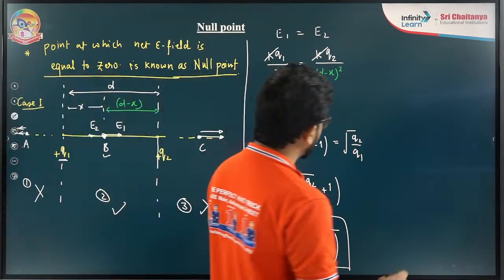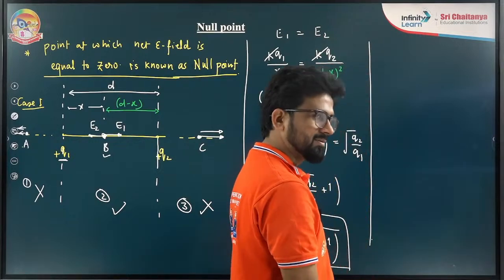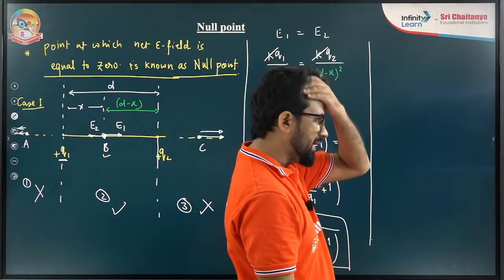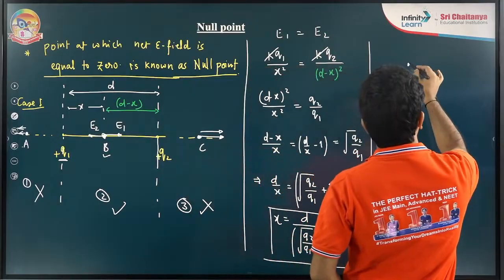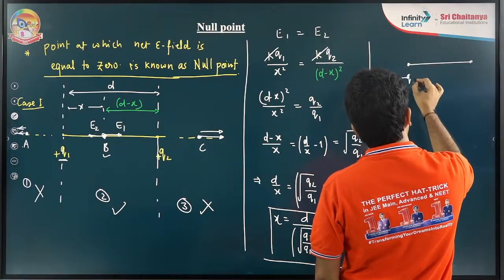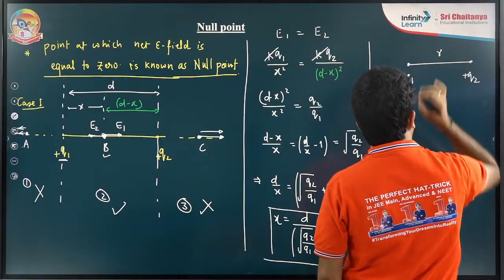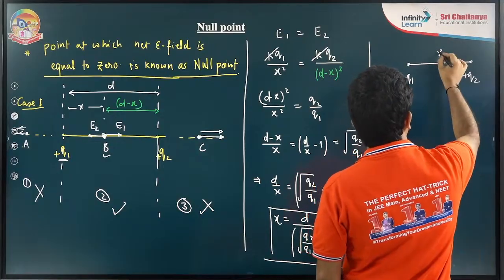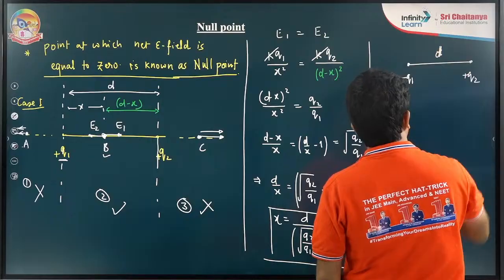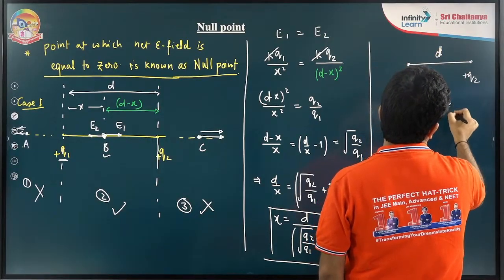I am giving you one question as homework. Try it. We will see in the next class. Suppose one is a positive charge and one is a negative charge. Suppose Q1 is negative and Q2 is positive. The distance is d, and Q1 magnitude is less than Q2 magnitude.